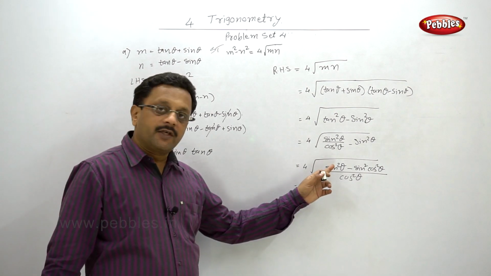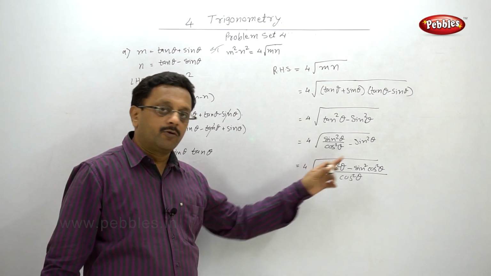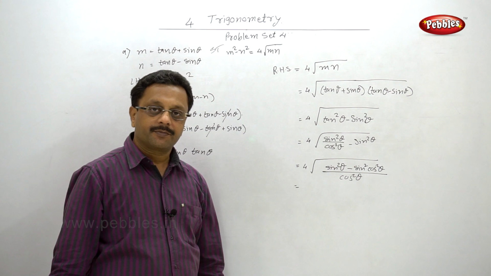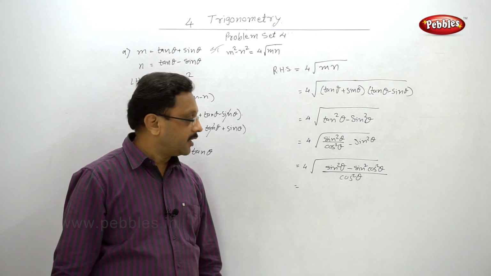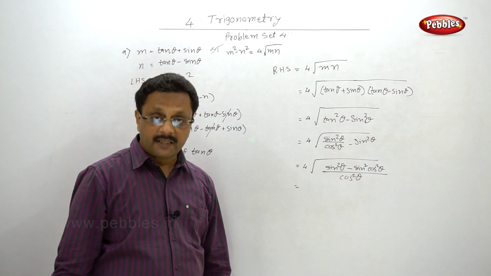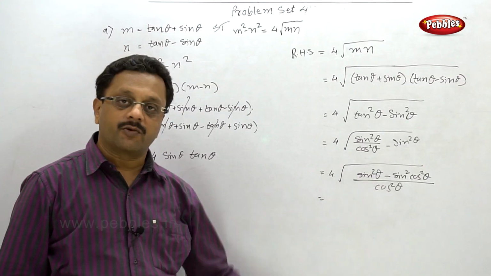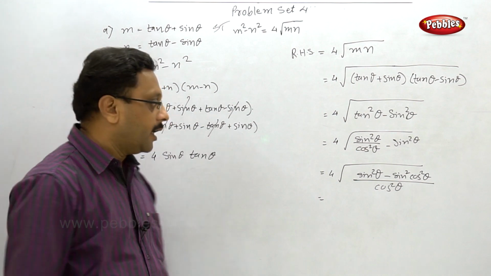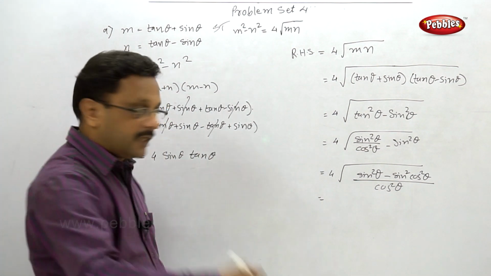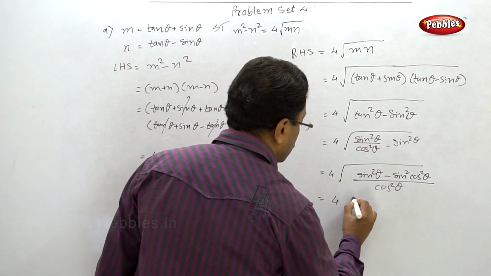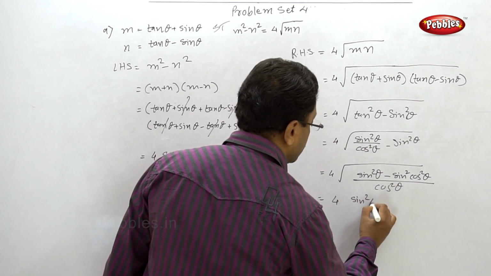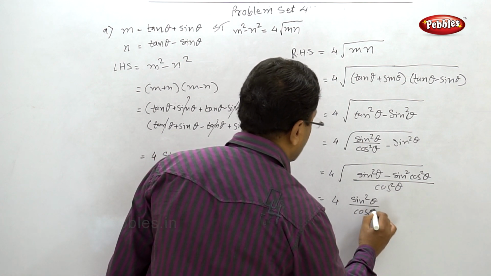So now here sin square is common. So sin square into bracket 1 minus cos square theta, and 1 minus cos square theta is again sin square theta. So we have sin square theta into sin square theta upon cos square theta. Correct? And so by the under root I will have sin square theta upon cos theta.